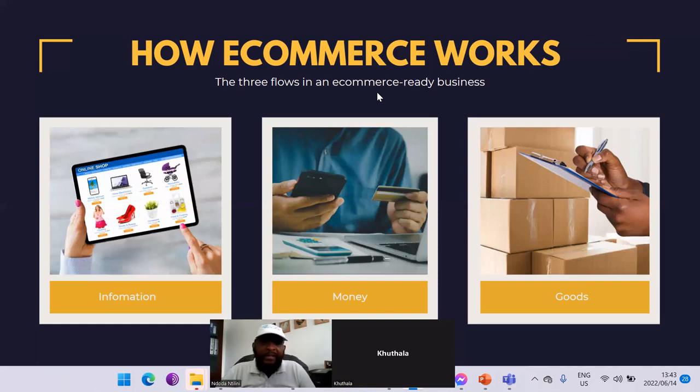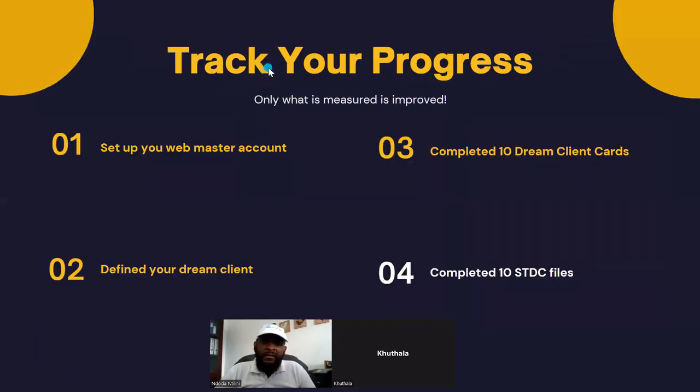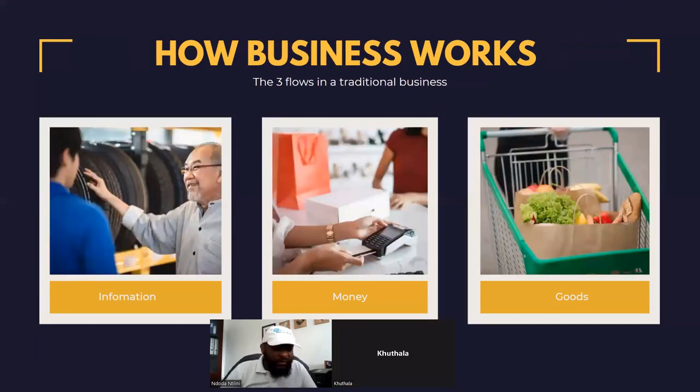So I'll just quickly look at the top so you can do a quick comparison again. So this is what we had, right? Someone had to come to the shop and ask how much is the tire, and someone had to come and pay at the store, and they had to fetch their products from the store and take them wherever.